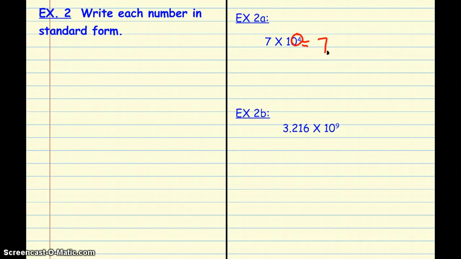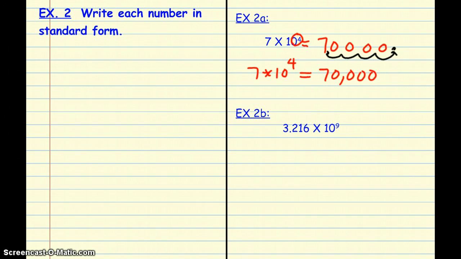And since my exponent is positive 4, I'm going to move my decimal over 4 places to the right. And what do you think goes in those empty loops? Zeros. So in this case, I'm going to put 4 zeros. So we say that 7 times 10 to the 4th is the same as 70,000.